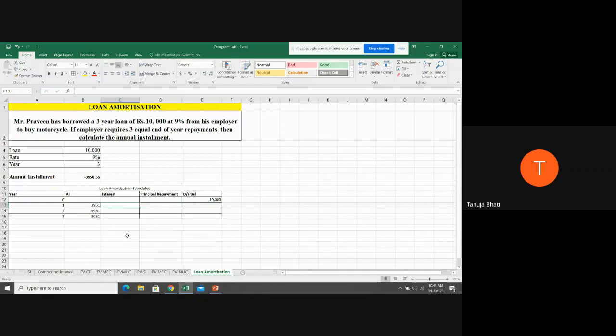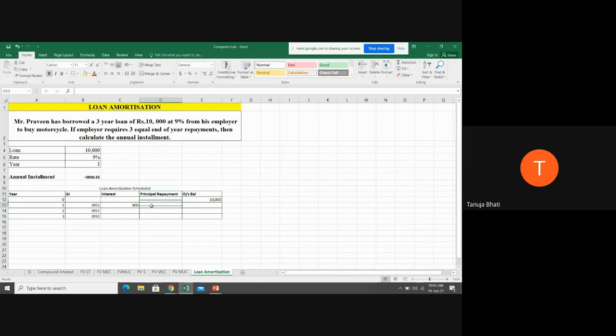Now how do I calculate interest, students? Equals to, interest is always calculated on the outstanding balance, 10,000 into your percent 9%. So E12 into B5. Now how do I calculate principal repayment?